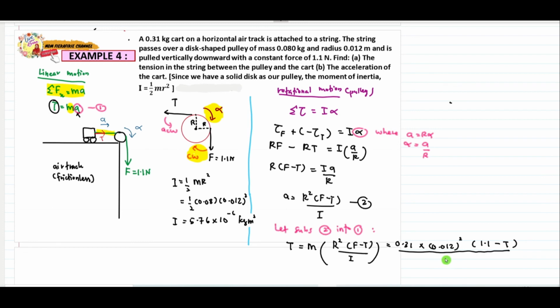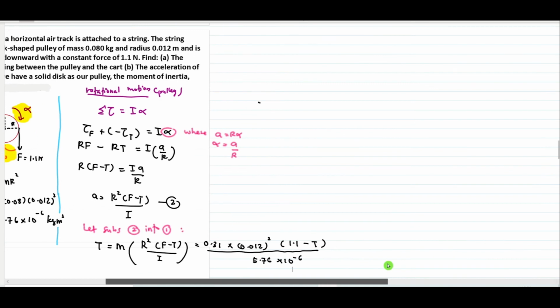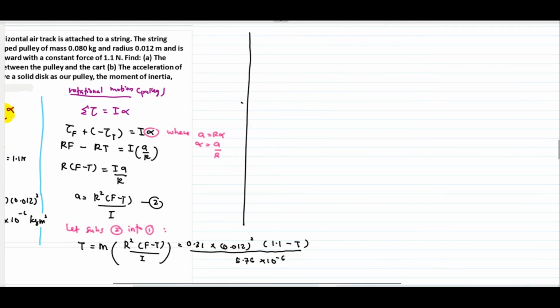Then I is 5.76 times 10 to the power of negative 6. I will solve the numbers first: dividing these, I get T is equal to 7.75 times (1.1 minus T).